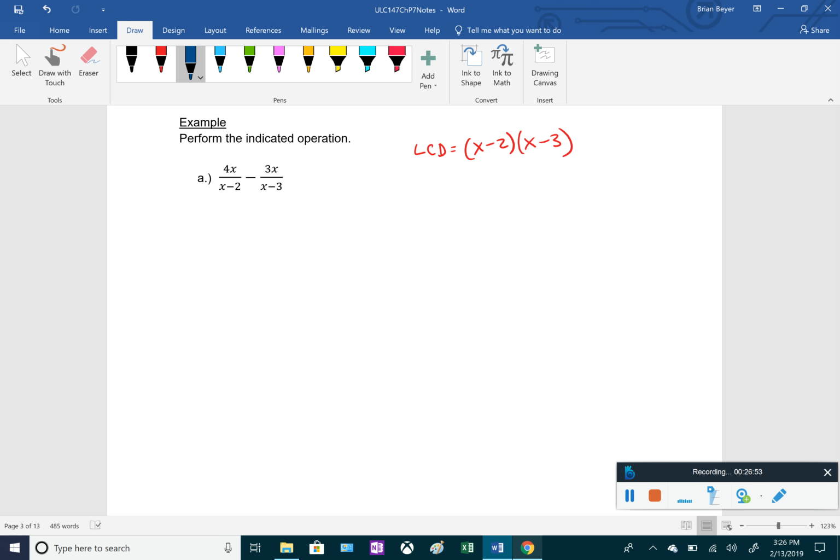So we have to multiply both fractions by something to get that least common denominator. We multiply the first one by x minus 3, but we also have to do it to the numerator, so we're not changing anything. The second one, we multiply by x minus 2.